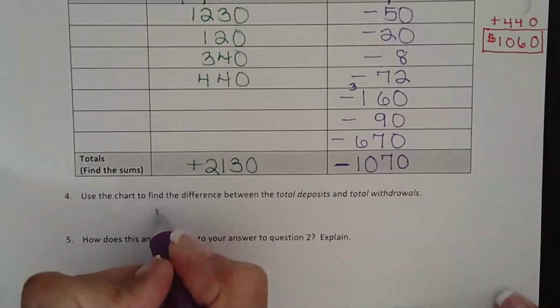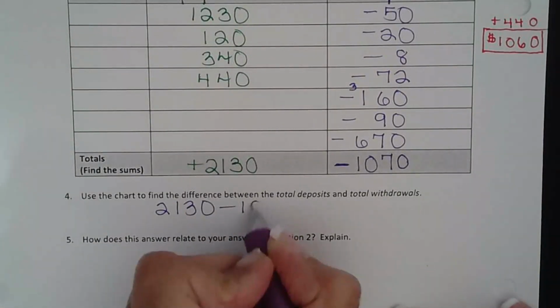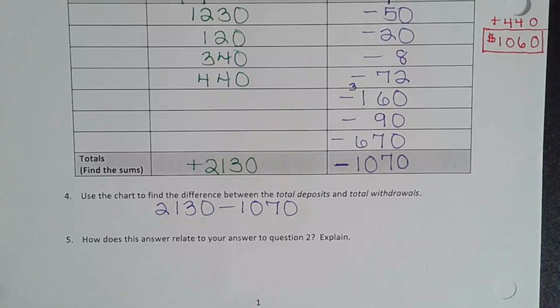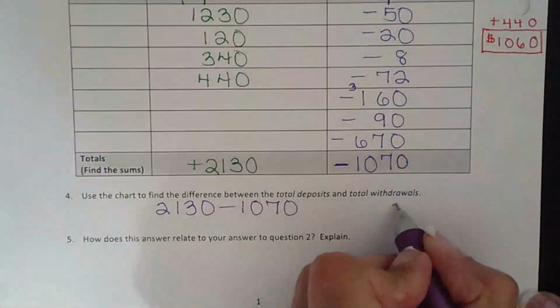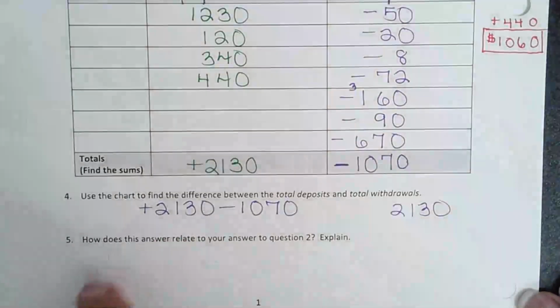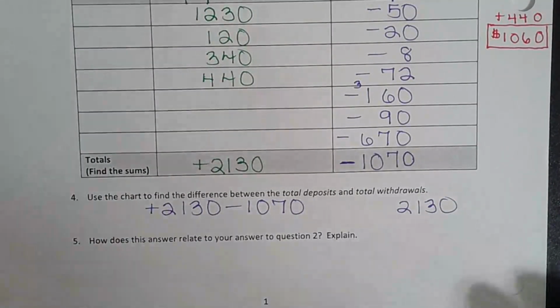So now we're doing this, 2130 minus 1070. Because that's what difference means, subtract. So then we have 2130, and we know to subtract, right? Because this one's positive, this one's negative, and when the signs are different, we subtract and keep the sign of the larger.